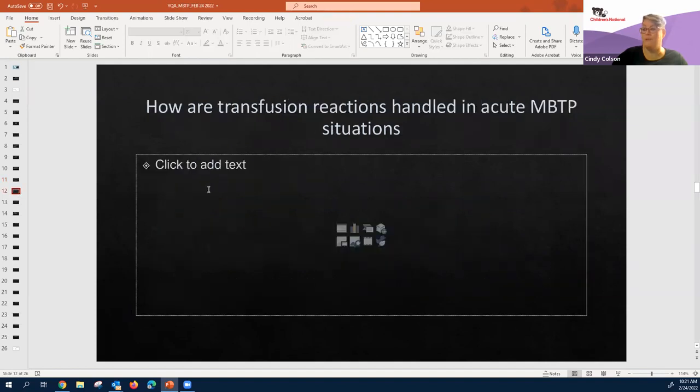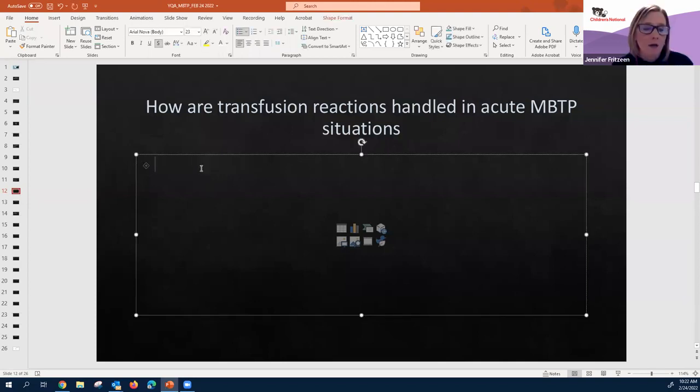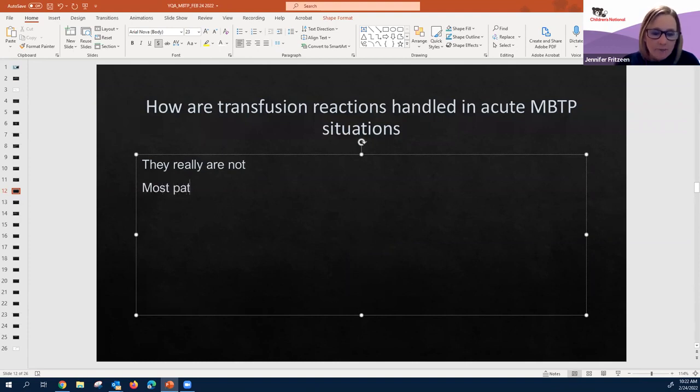How are transfusion reactions handled in acute massive blood transfusion situations? They're really not. Remember, one of the transfusion reactions is hypotension. Well, your patients are getting massive blood transfusions because they're in hemorrhagic shock, so the hypotension is unrelated to the blood. Another reaction is fever.